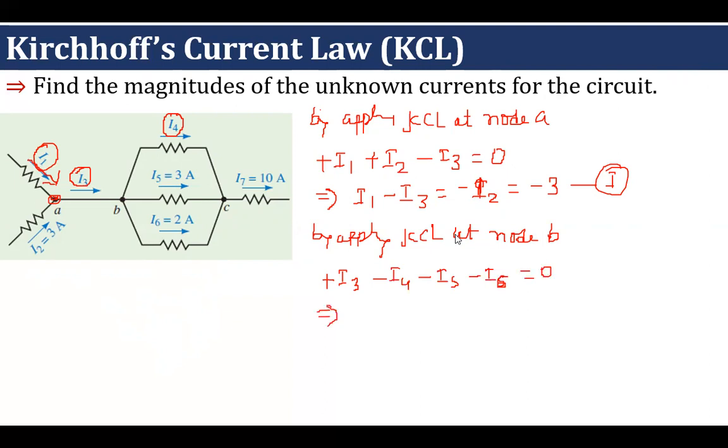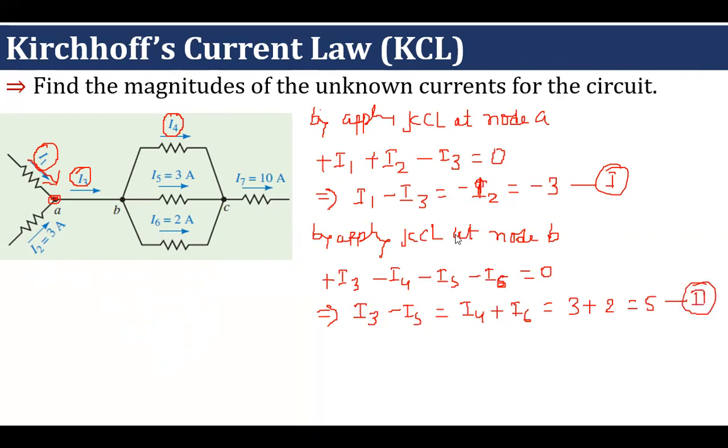Here two quantities are unknown, I3 and I5, and I4 and I6 are known quantities. So I will write them on the right hand side, and the value is 3 ampere plus 2 ampere, so this is going to be 5. This is equation number 2.